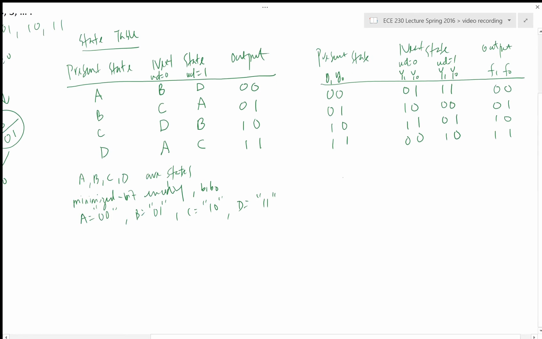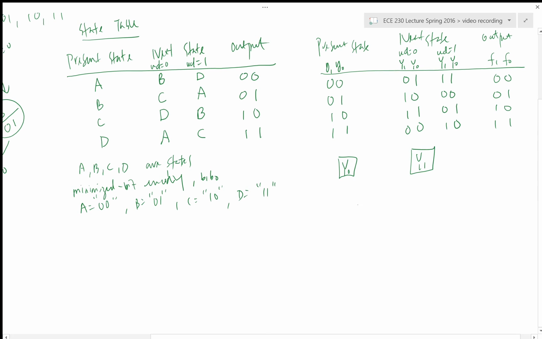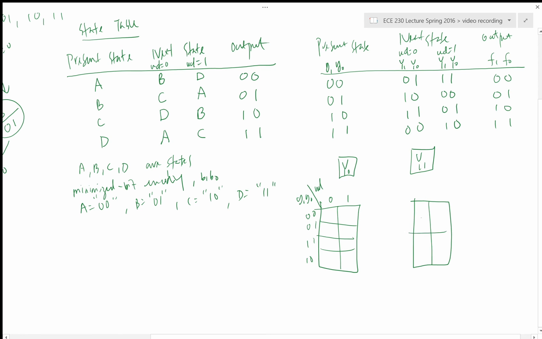From here we need to determine the logic for y0, the next state logic. We're going to use UD as one of our indexes and the present state as the other index, with UD 0 and 1.